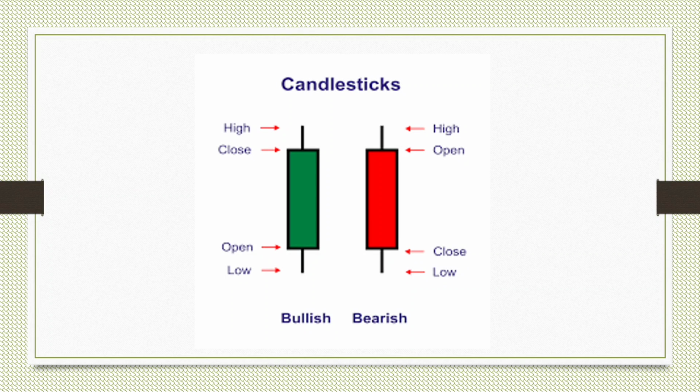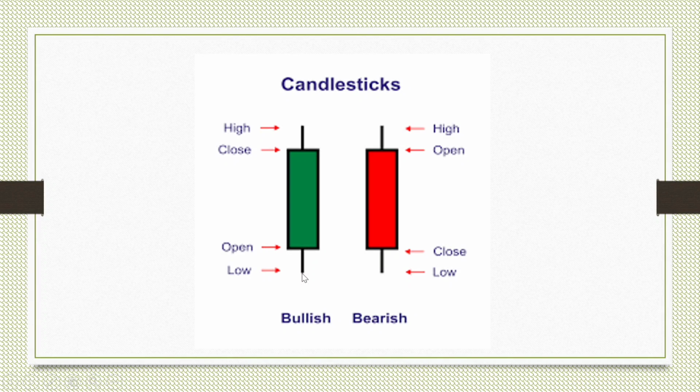All right, now let me explain this further. Let's just take this to be a tug of war. A currency pair opened at this point, and at some point the bears, the sellers, pushed price down to this point.